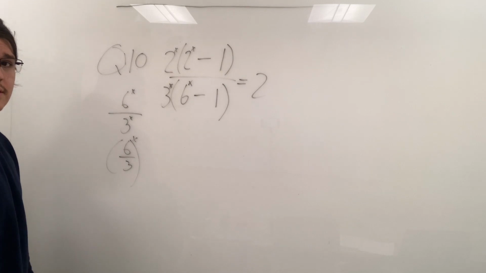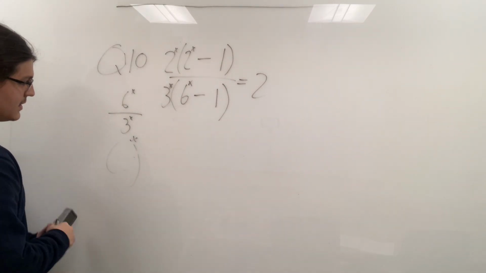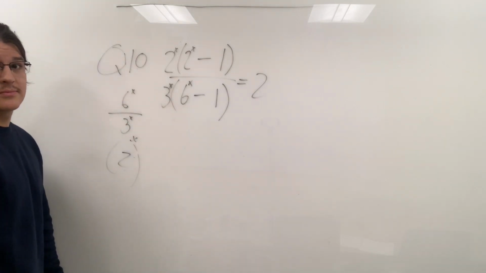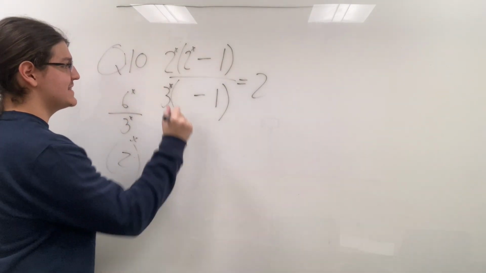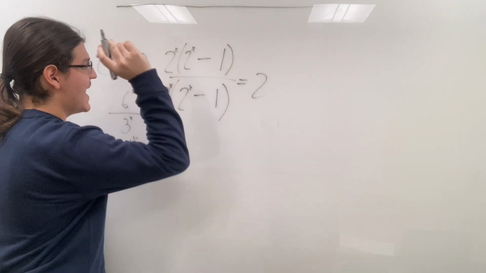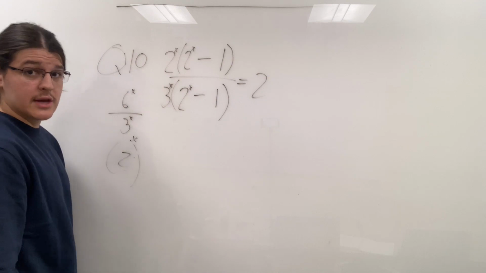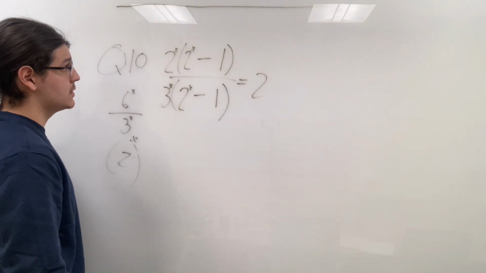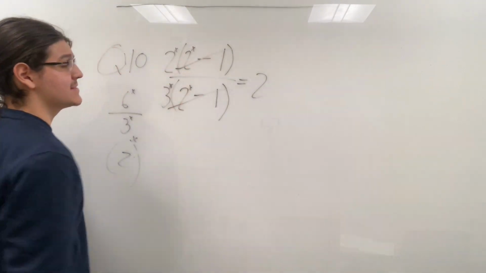And 6 over 3? Don't play with me. That is 2. So 6 to the x divided by 3 to the x, that is 2 to the x. There's our simplified equation. And now we can cancel that and cancel that.